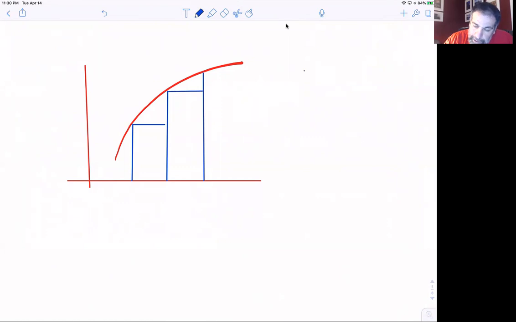So if we are increasing, the left-hand Riemann sum is always going to be an under approximation. If we're increasing, it's got to be that way, because in every interval, we're choosing the lowest possible y value, so all the other y values are above our choice for the height.